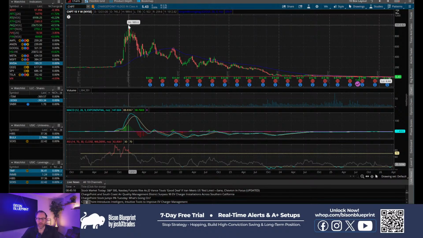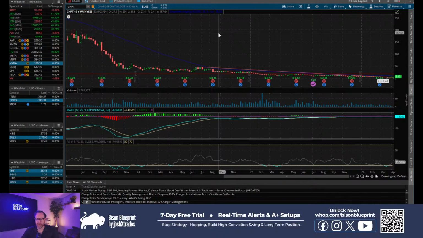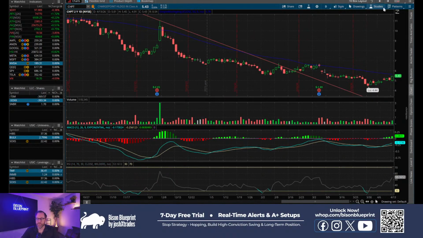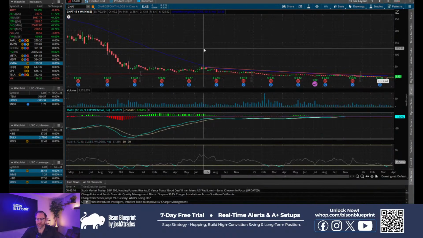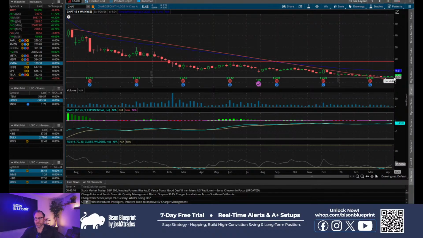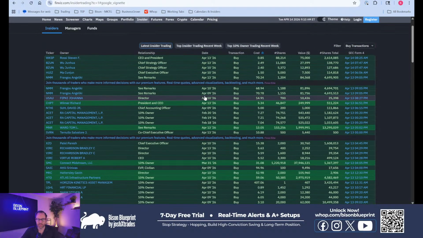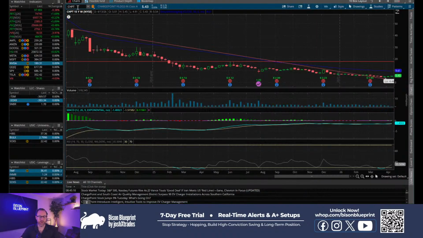So massive beaten down chart from the COVID days, all the way down from $1,000 to $4, currently sitting at 540. So it's got some bullish signs here, but obviously some concerns with how beaten up this is. You got to be careful with these, and also just not a big buy here. 250,000 from the president and CEO is not a whole lot.